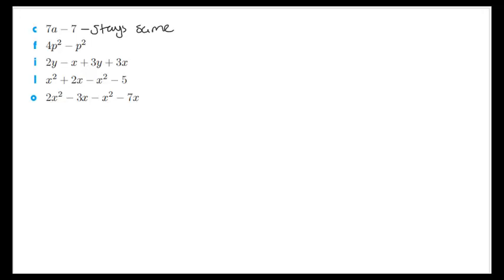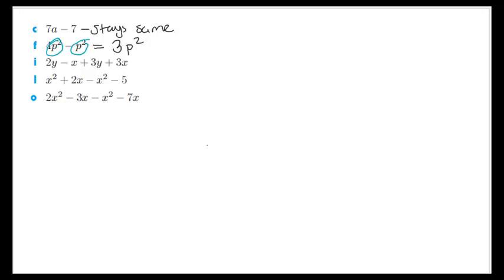Then 4p squared minus p squared. 4 minus 1 is going to be equal to 3p squared, because p squared and p squared are like terms. They are the same. I'm looking at them. That's the same as that one.